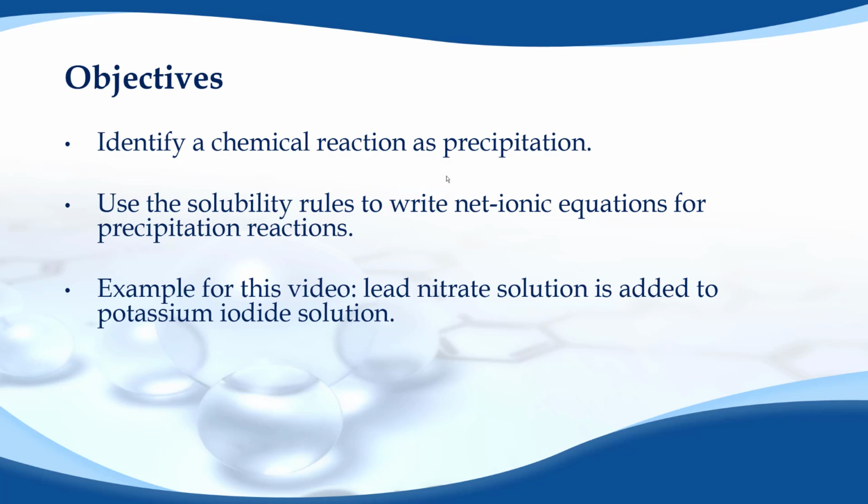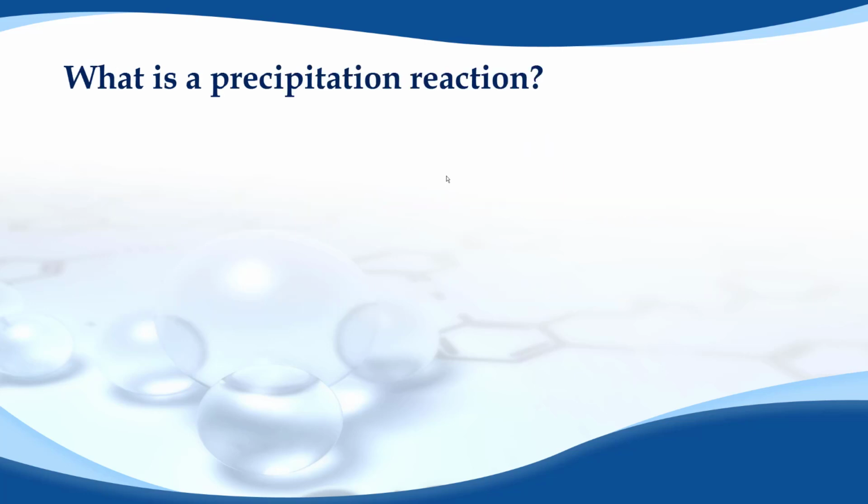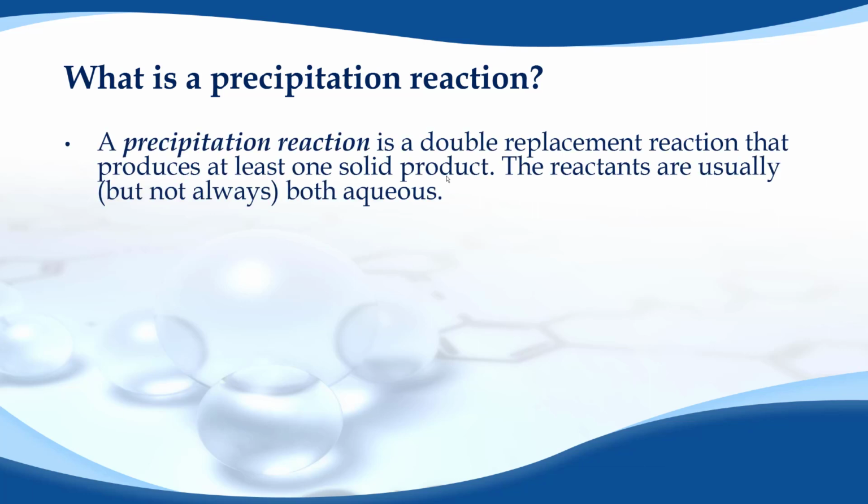Alright, so we should probably start off by defining what a precipitation reaction is. A precipitation reaction is just a double replacement reaction that produces one non-aqueous product. Usually that product is going to be a solid, and both of the reactants are usually going to be soluble, although not always.